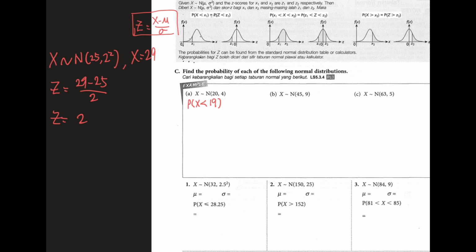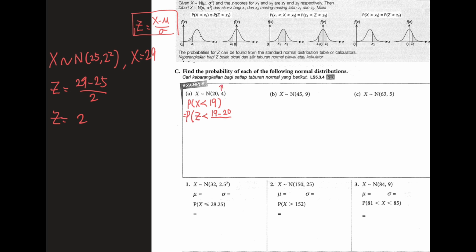You see, it belongs to this situation, X less than something. So you need to change the x1 to a z-score by using this formula, to change it to z1. The X we change to Z. The 19 we use the formula to change it to z1: 19 minus mean divided by standard deviation.